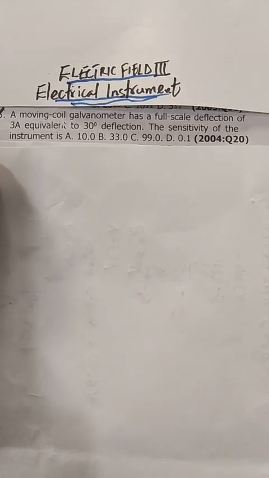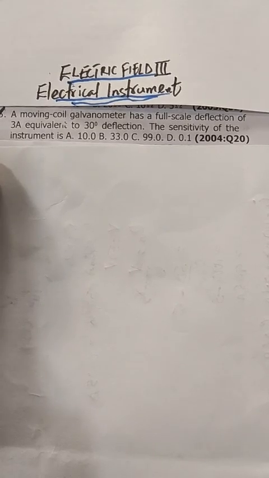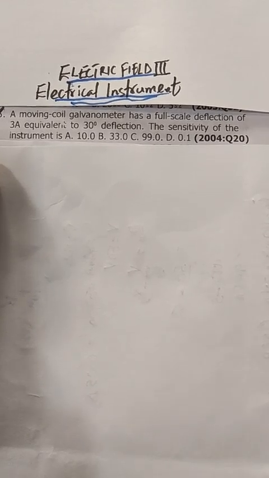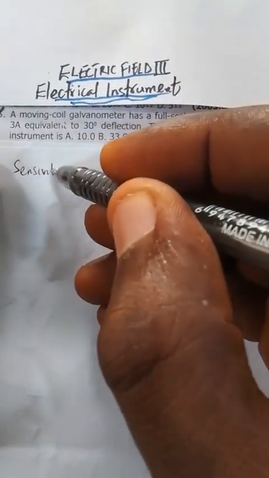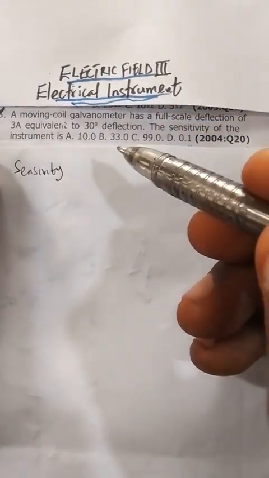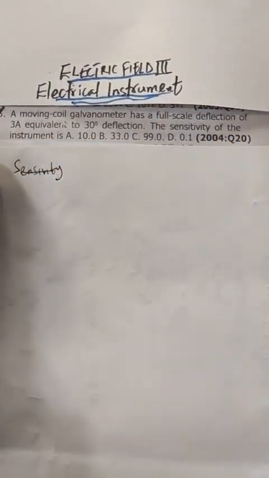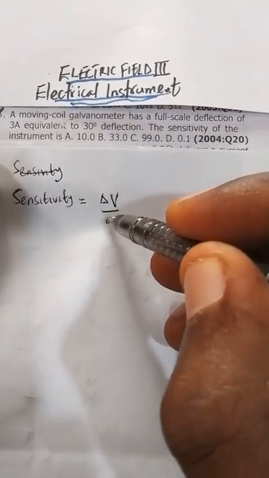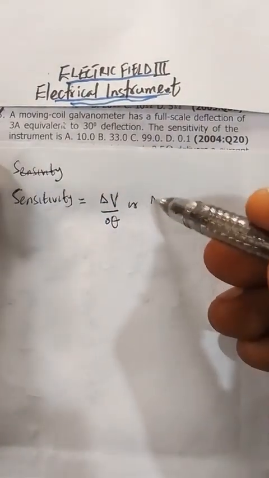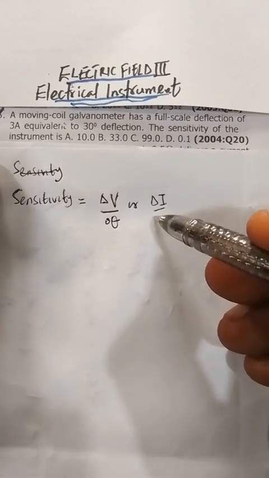Now, next question. A moving coil galvanometer has a full scale deflection of 3 amperes, equivalent to 30-degree deflection. The sensitivity of the instrument is, I didn't talk about this during the course of lecture, but whenever you are told to look for the sensitivity, it can be in terms of the change in PD per degree, or it can be change in current per degree.